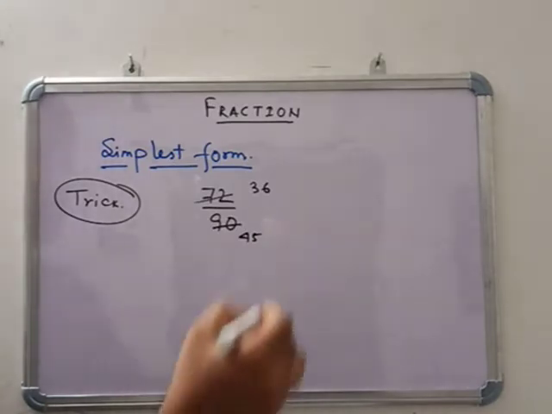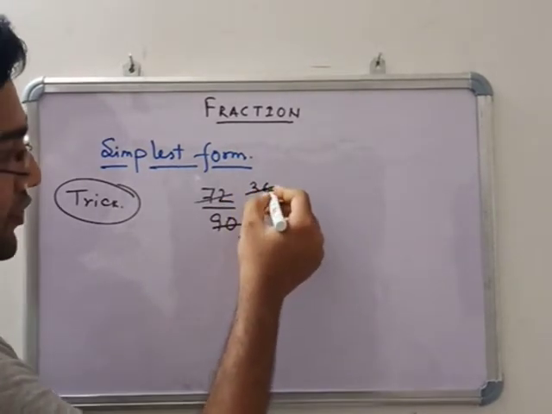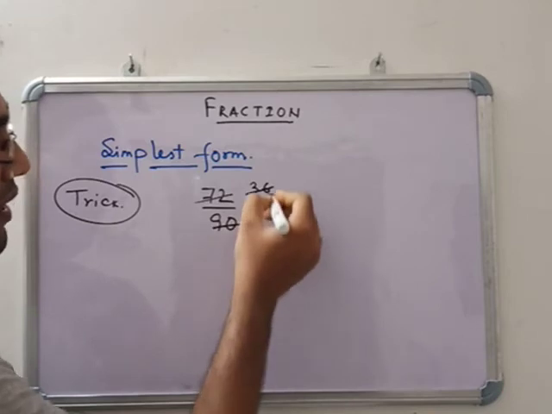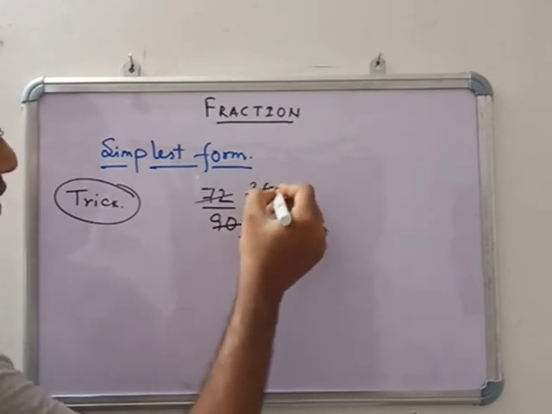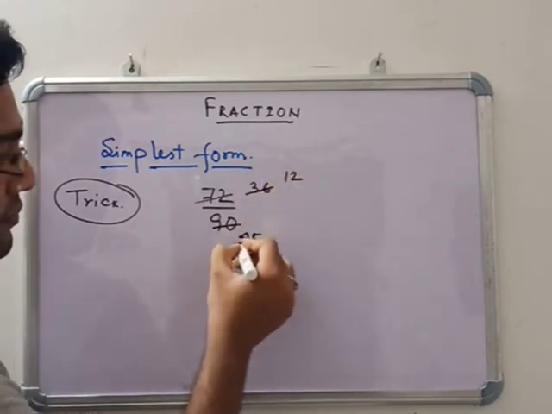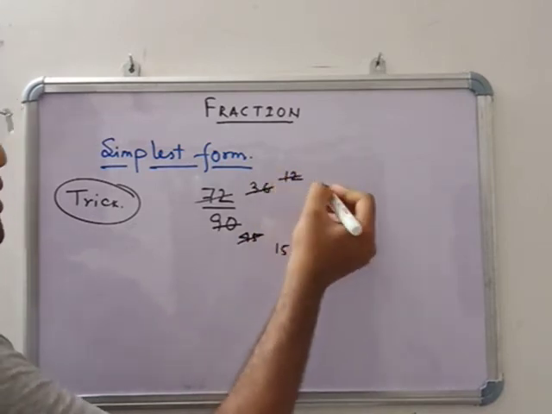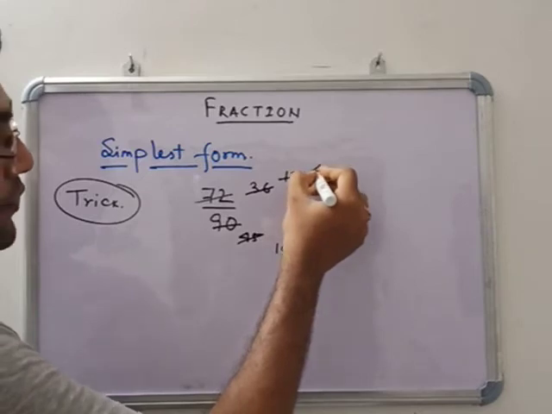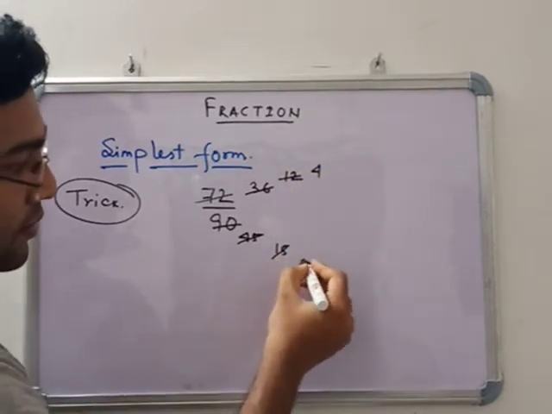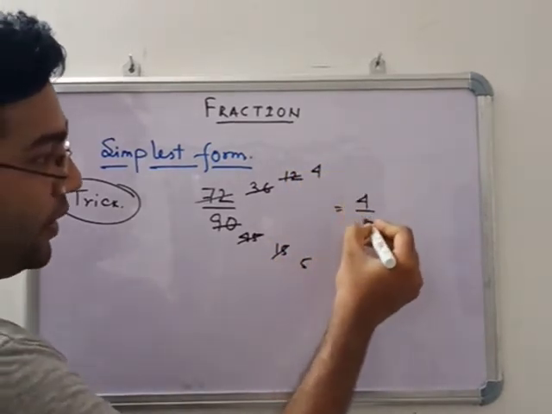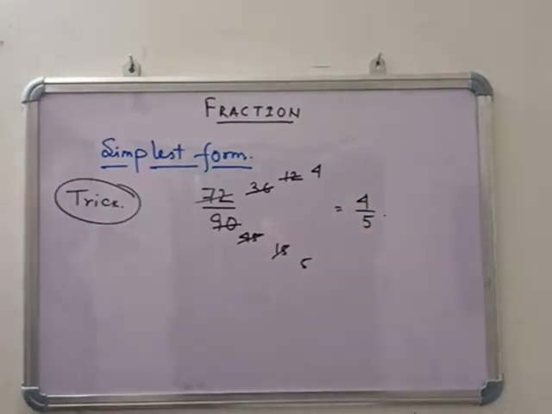Similarly, both are multiples of 3, so dividing by 3 we get 12 and 15. Then again by 3, we get 4 by 5. So the answer is 4 by 5. These are the normal processes for finding the simplest form of any fraction.